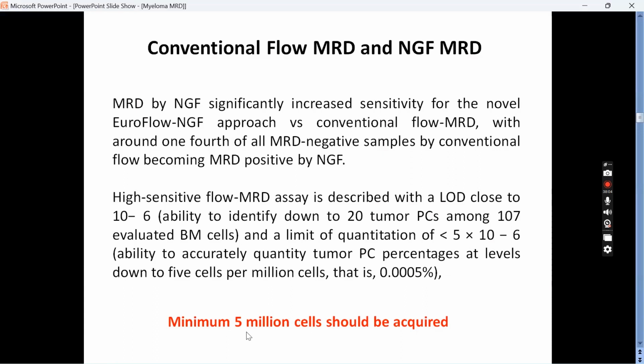As you analyze with Kaluza, after the first 2 gates, for example your viability gate and singlet gate, when you draw the third gate, CD38 or CD45, it will get stuck or automatically close. It will shut down. That is the problem with the current systems we have. So to do an NGF with 10 million events, you need a robust computer with those specifications.